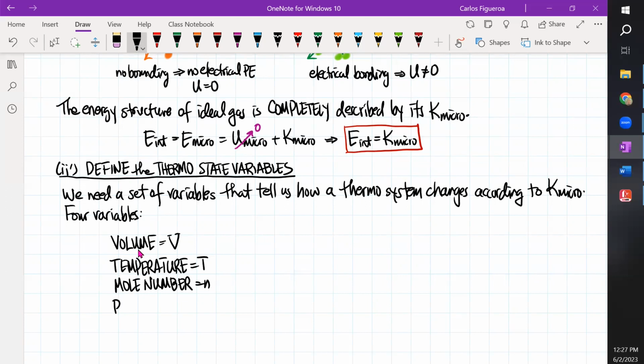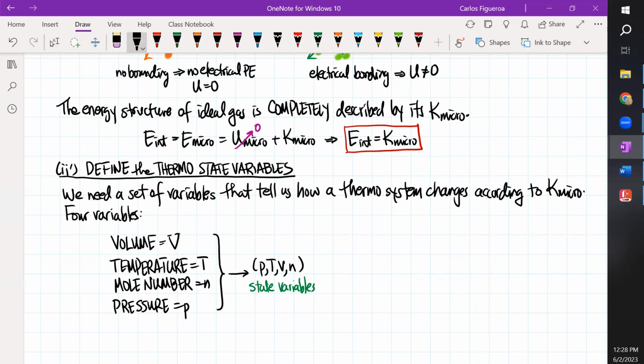And then we need to talk about pressure. So if I have these 4 variables, then that means here that a state is completely defined by these variables right here. In other words, these are our state variables for an ideal gas.